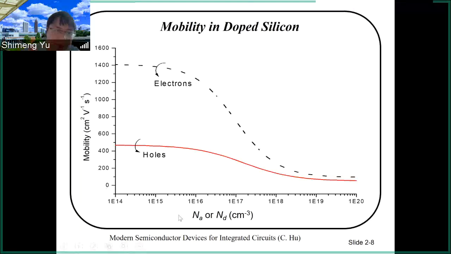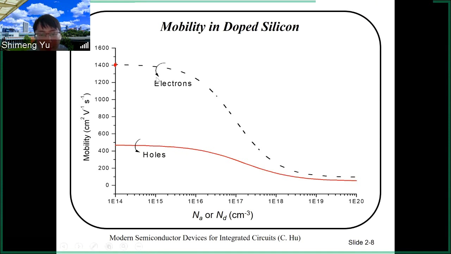So for the n-type doping, you care about the electrons because electrons are the majority carrier in the n-type. And without doping, it starts from about 1400, as we see in the previous table.